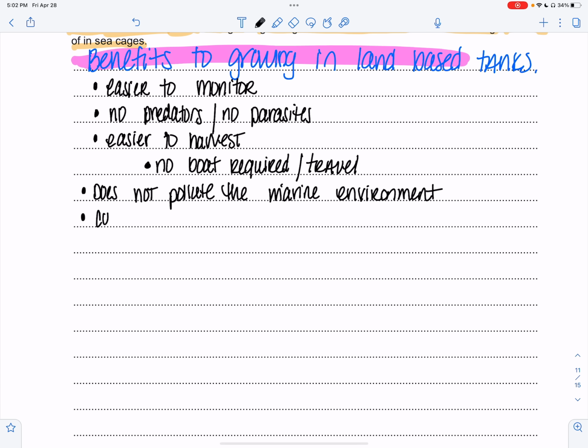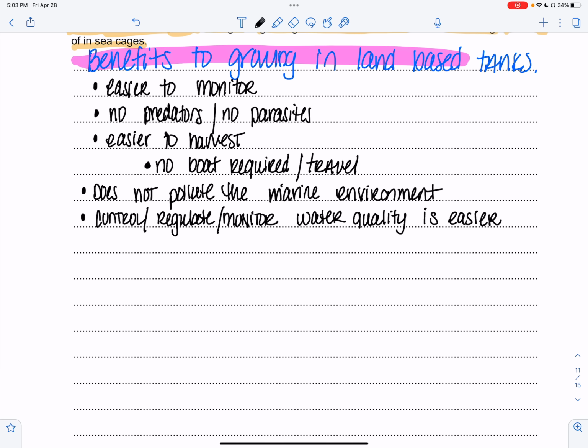It is easier to control, regulate and monitor the water quality. Now, in terms of controlling the water quality being easier, sure.